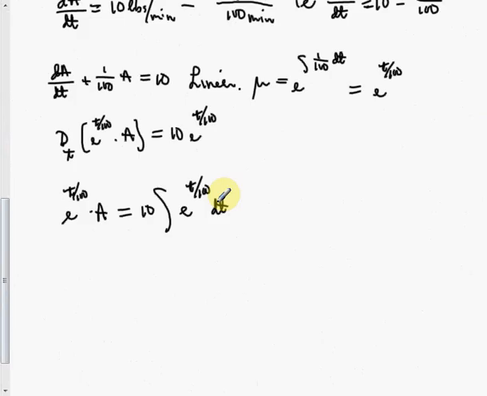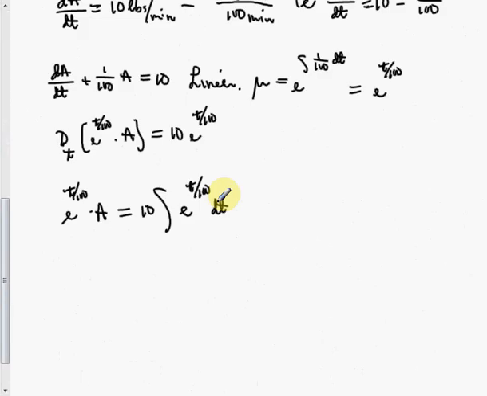Yes, sir. Gosh, you took the test, man. I don't understand. You're able to answer all my questions. But anyway, yes, you see that the integral of e to the t over 100 is 100 times e to the t over 100. Let u equal t over 100. du becomes dt over 100, so 100 du is dt. Right? So that's where we get the 100 factor.